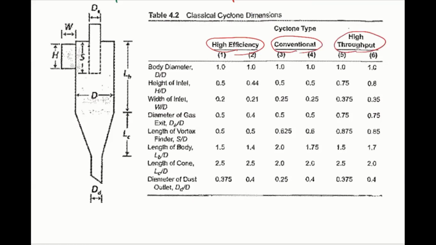So high throughput cyclone just means that you have a high flue gas flow rate. The flow rate is too high, so you have to let the air go through at a high throughput, right? So these ones will not have a high efficiency compared to these high efficiency ones. But in most cases, people will just use the conventional design.